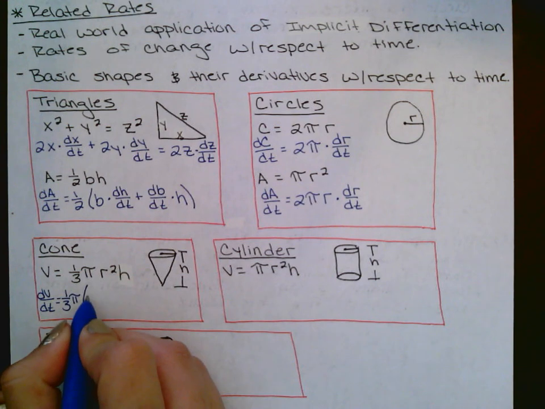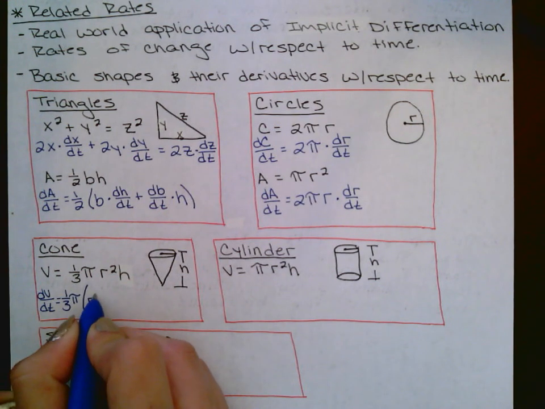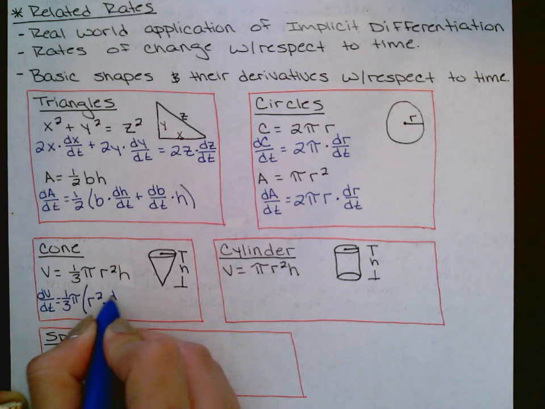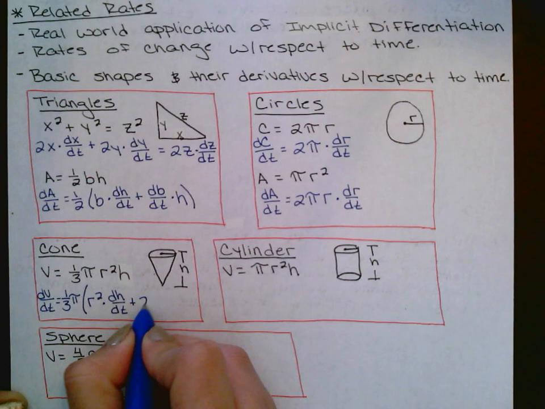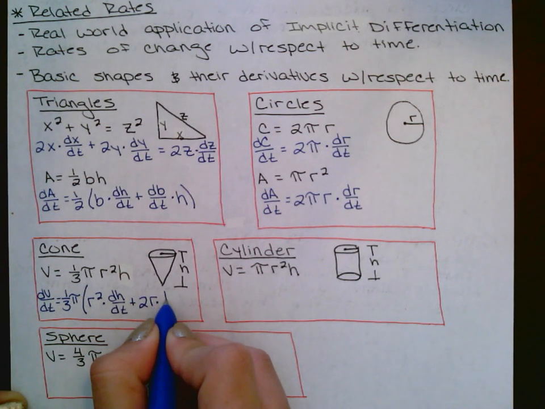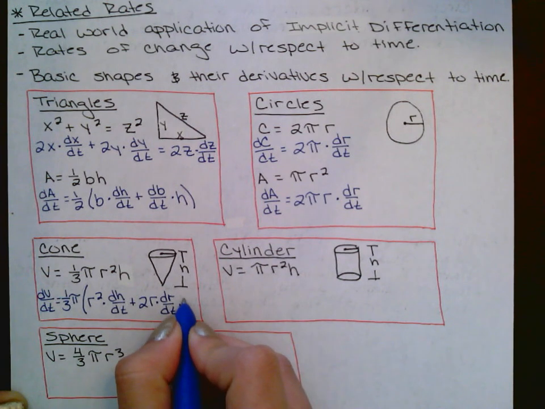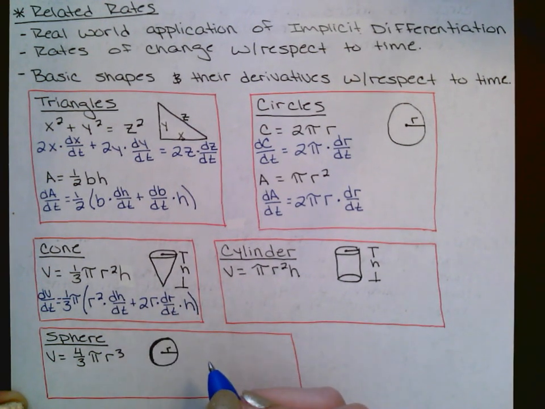So we have first times derivative of the second plus derivative of the first, 2r with implicit, times the second. Okay?